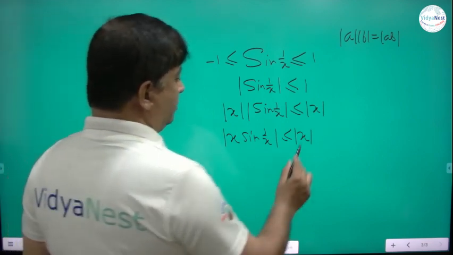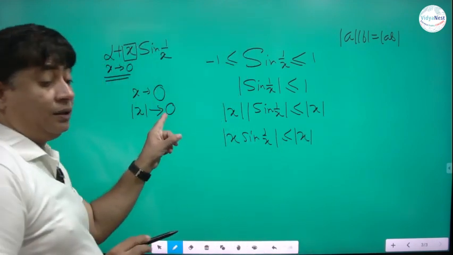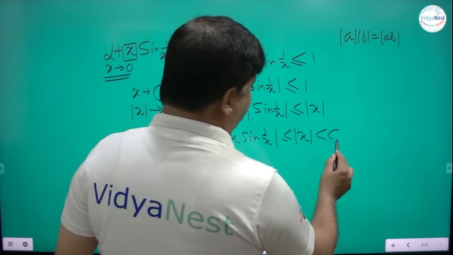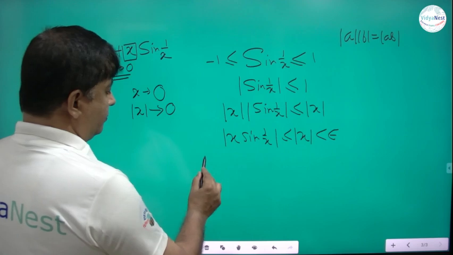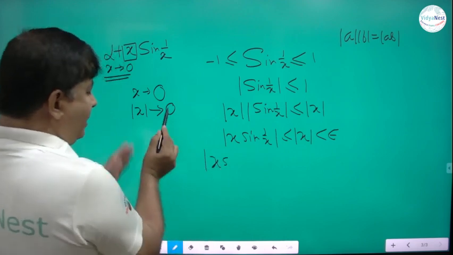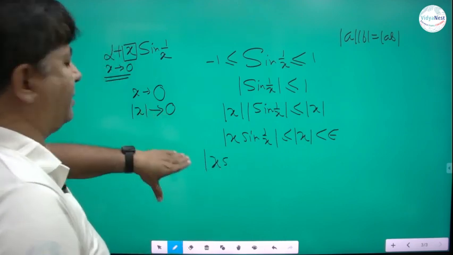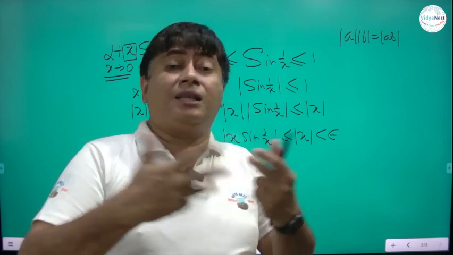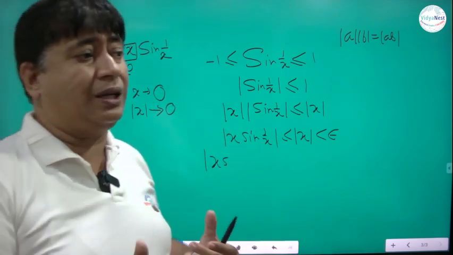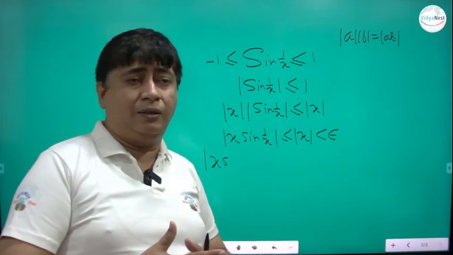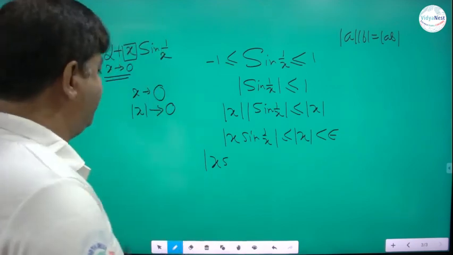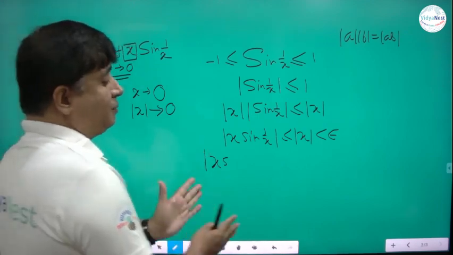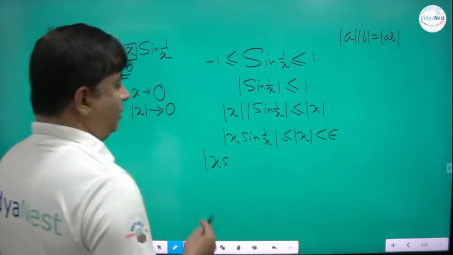So it is the nearest value to 0. So I must say it is less than epsilon. |x| is not exactly 0, but nearest to 0. But what is that nearest value? We cannot fix it. It is non-measurable. But we can feel it, we can comprehend. So it must be lesser than epsilon.